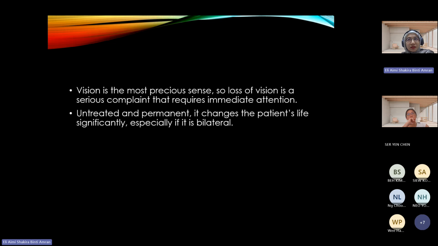The faster the better, because our brain neurons have to be intervened as fast as possible. If you leave any condition untreated, especially related to vision, after 2 weeks those visual problems can be permanent.